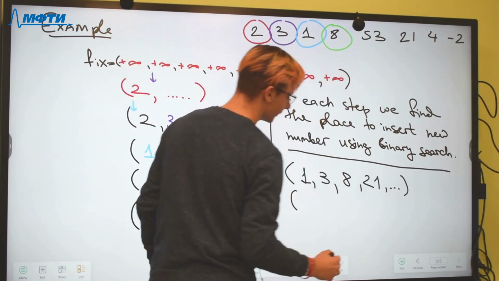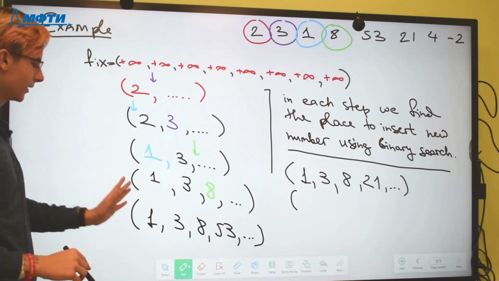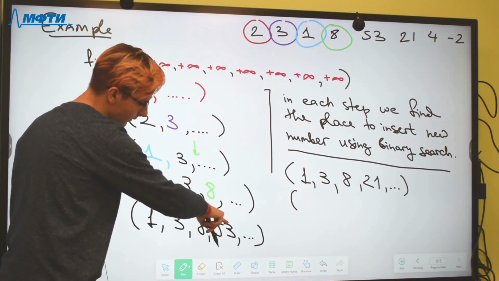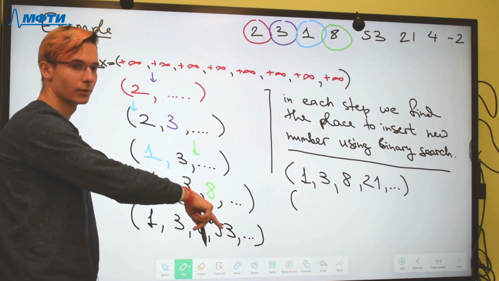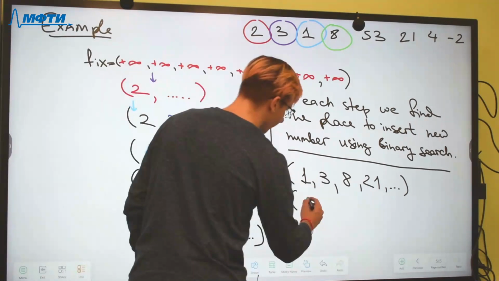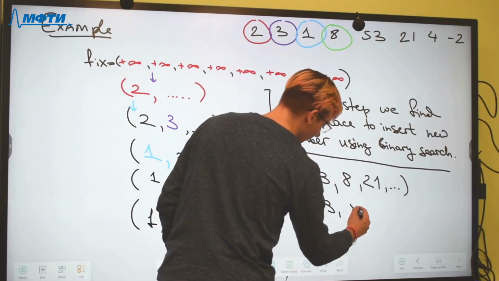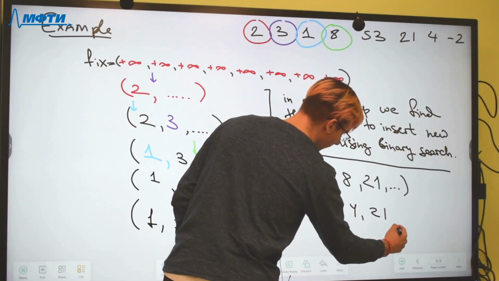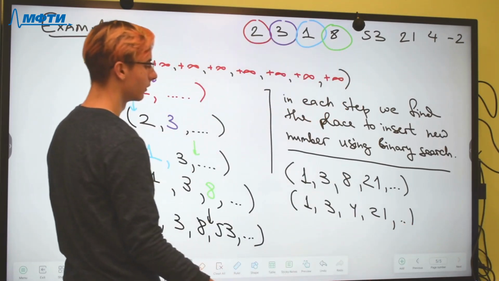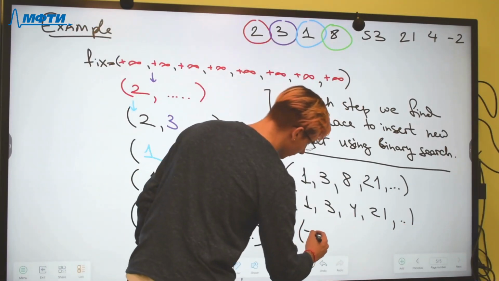So yes, we need to change. When we find the place, we change the right number with it. So now we change 8 to 4. And then minus 2, 1 to minus 2.